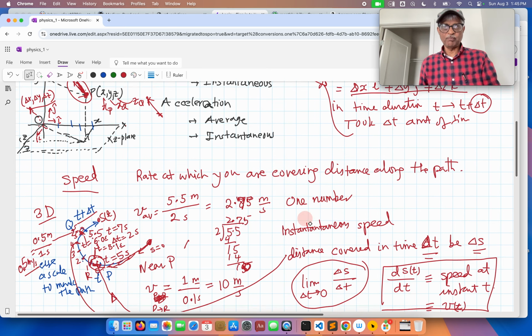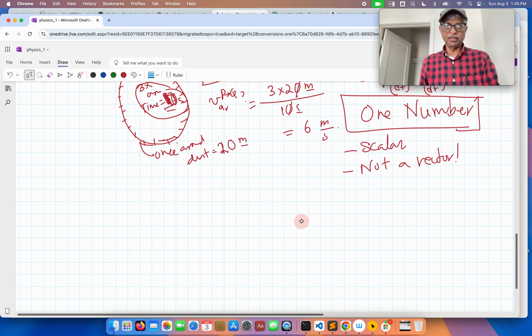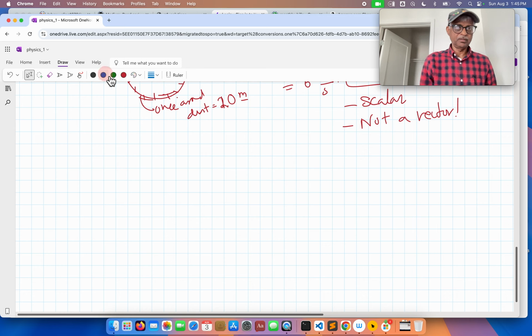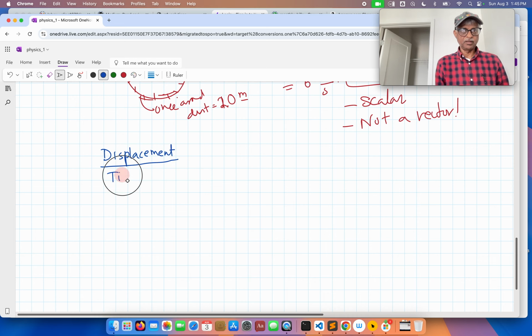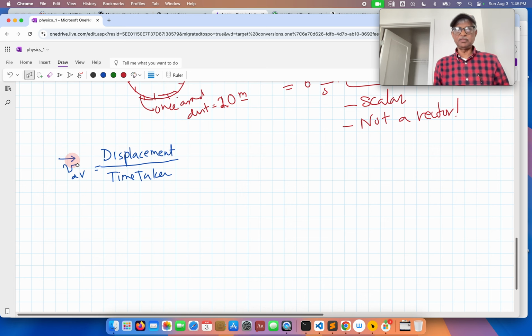So let's take another color of ink. Displacement over time taken is called average velocity. And this is a vector because displacement is a vector.